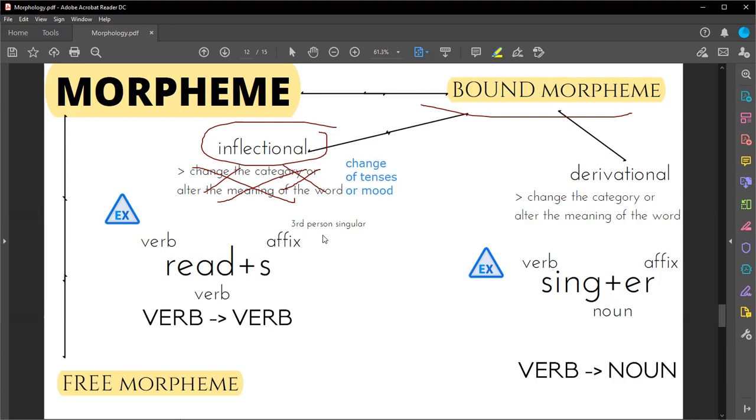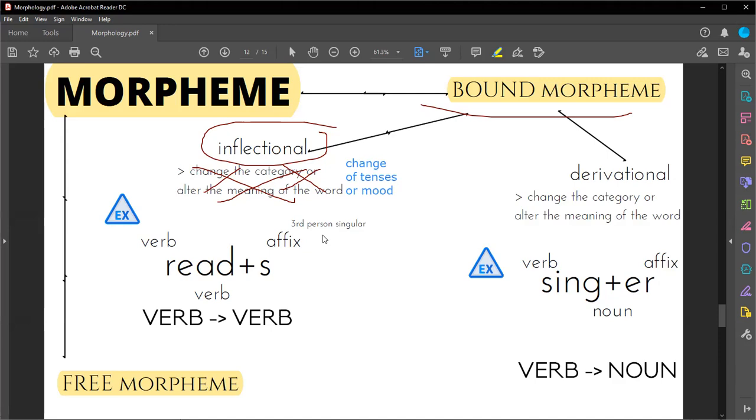Jump or jumps, it is still a verb. Even if we put jumped, it is a past tense, so it is just a tense. So that is inflectional. You are not changing the category of the word, but you are just changing the tense by using the bound morpheme, just like the affixes. Okay? So I hope it is clear to you what is inflectional.